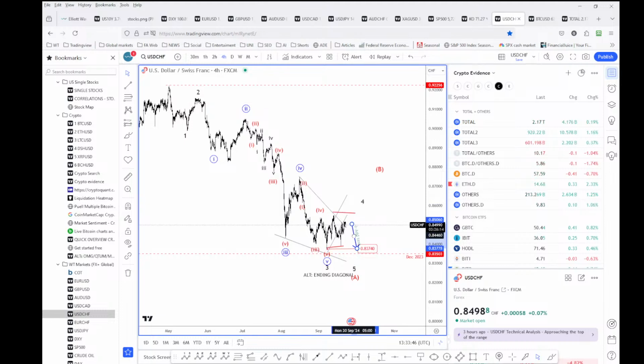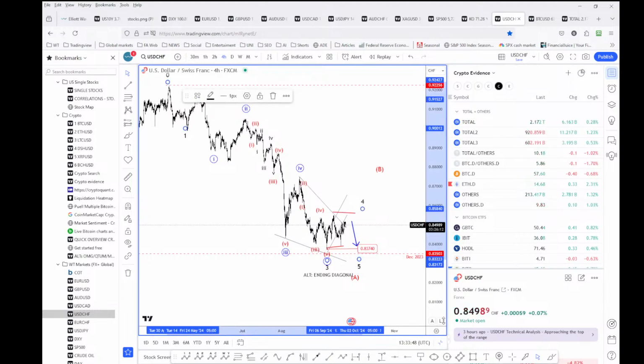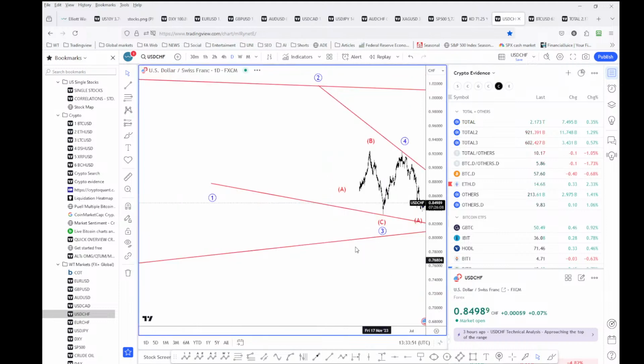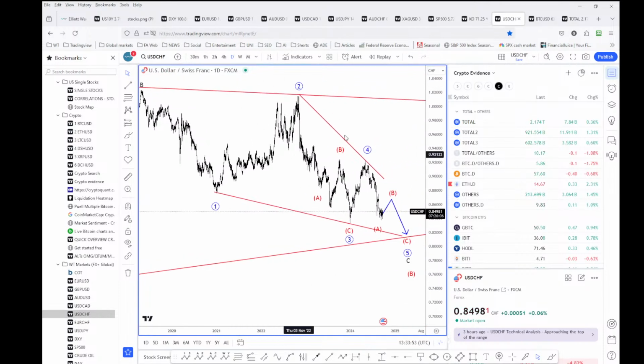But overall I just think that we are here on a higher time frame charts dealing with some kind of a diagonal formation, so maybe this wave B rally will show sooner than I think, but overall it's still a downtrend. But if Swiss National Bank will really cut rates, if Fed is also cutting rates, then maybe dollar Swiss is not the best pair to look for.